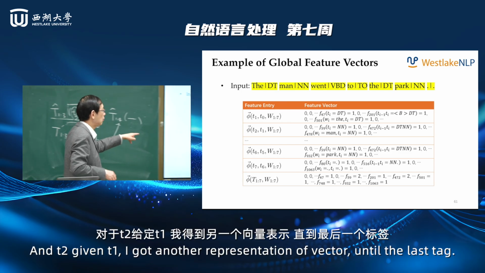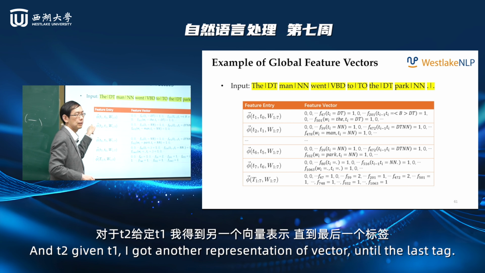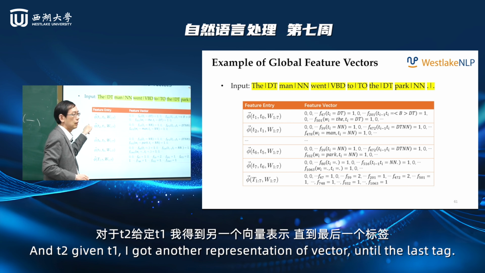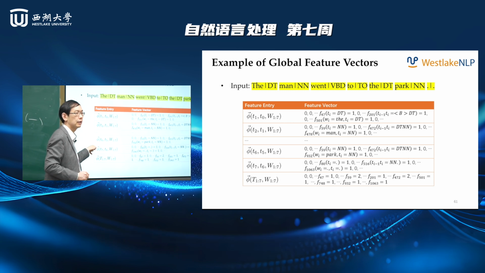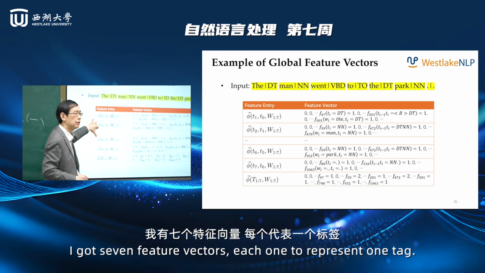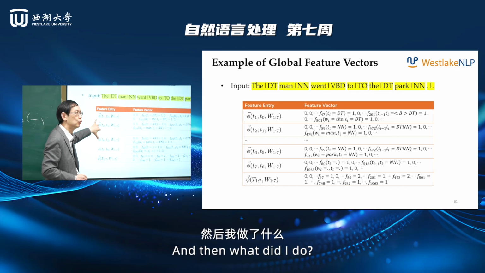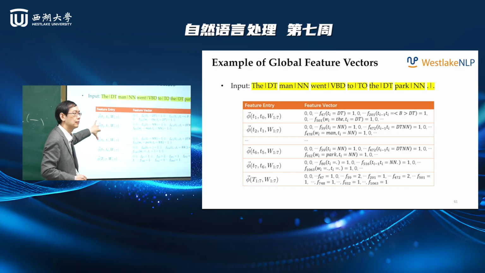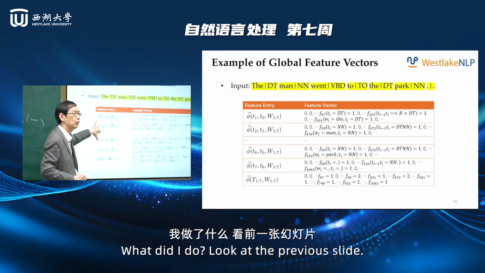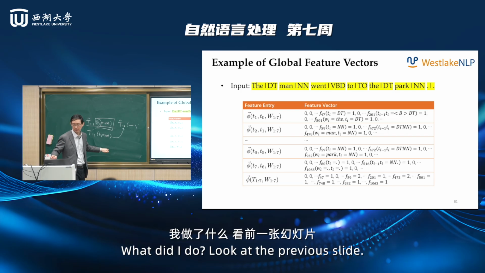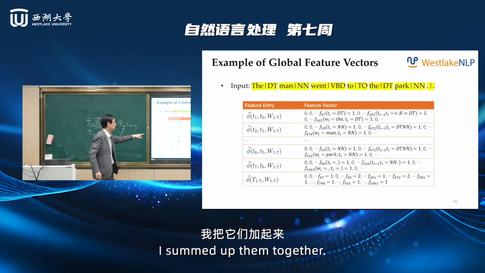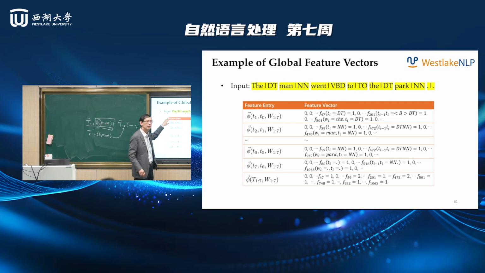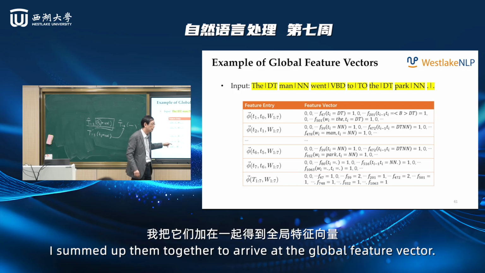And T2 given T1, I got another representation vector, until the last tag, okay? I got 7 feature vectors, each one to represent one tag, right? And then what did I do? Look at the previous slide. I summed them together to arrive at the global feature vector.